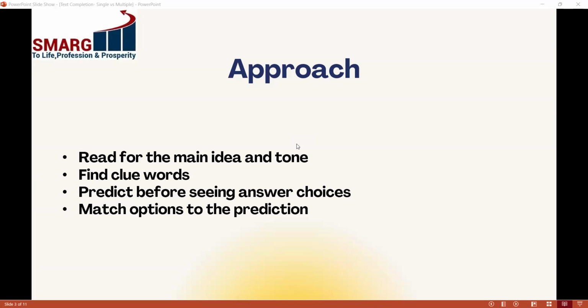Next comes finding clue words. Now, what are clue words? Like I just mentioned, there will be phrases, perhaps adjectives or connectors or adverbs, because of which you will get a clue. It could be phrases as well. So, let's say I have a sentence that starts with despite, now you know that a contrary idea is going to follow.